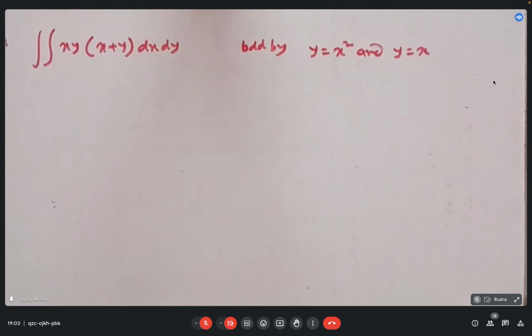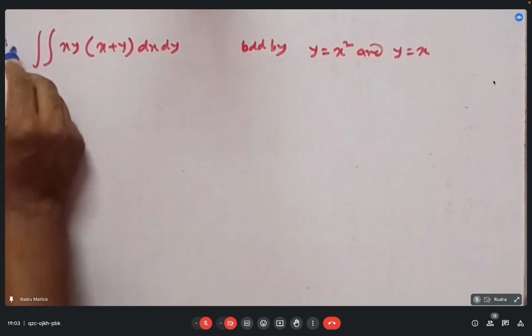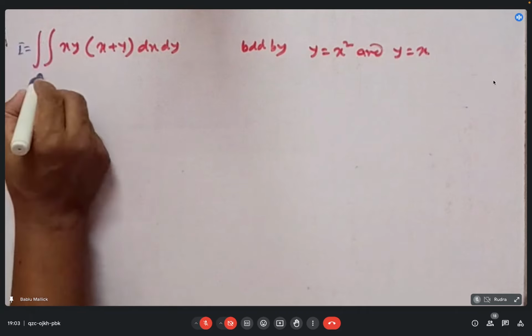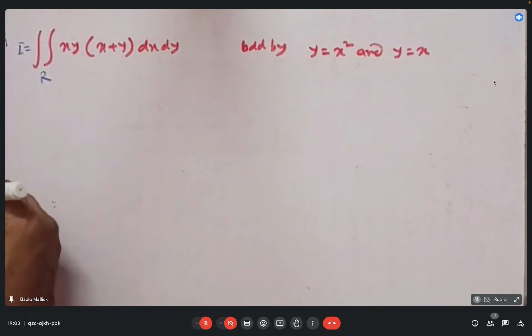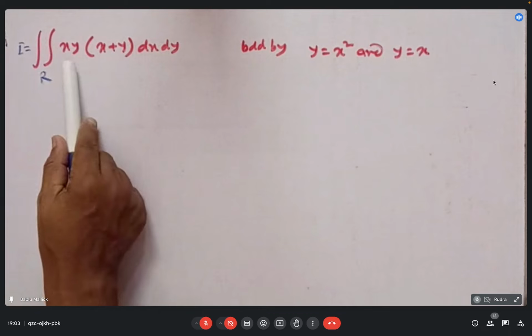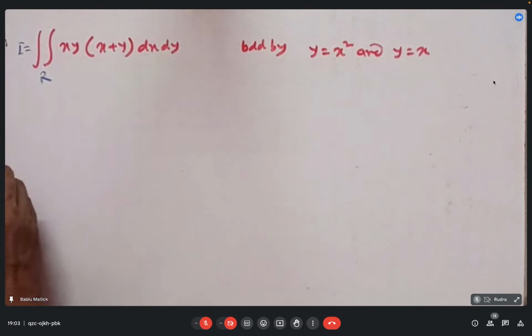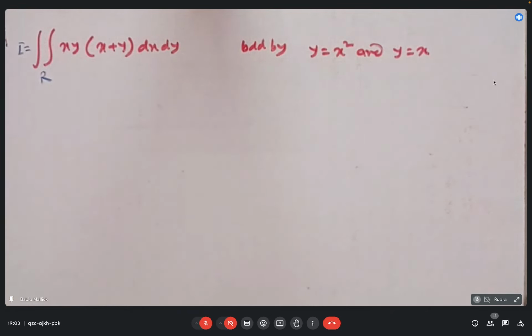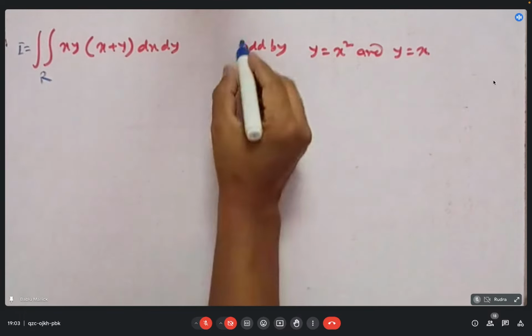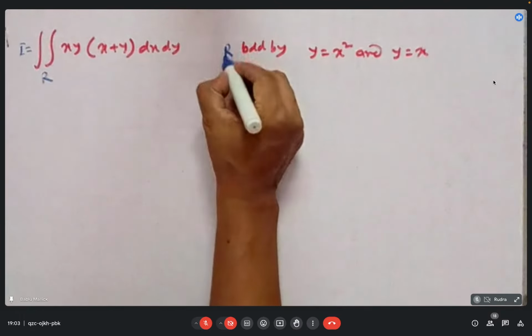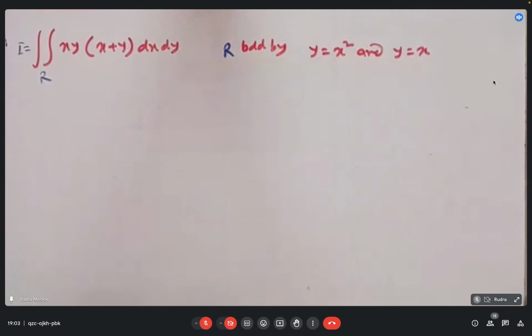So you will start from here. Let I be equal to double integration over R of xy into x plus y dx dy, where R is the area bounded by y is equal to x square and y is equal to x.